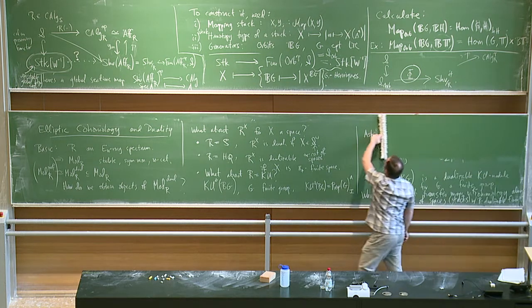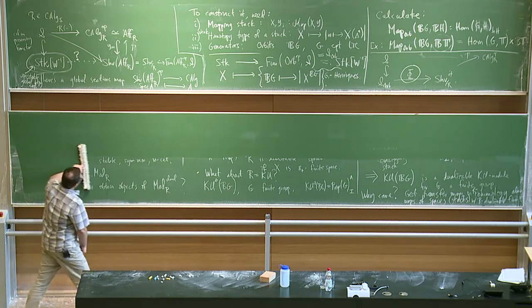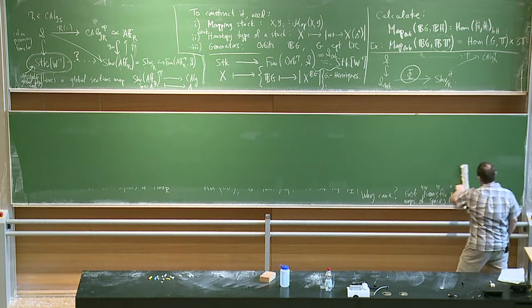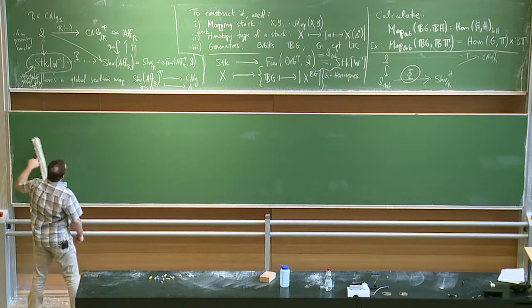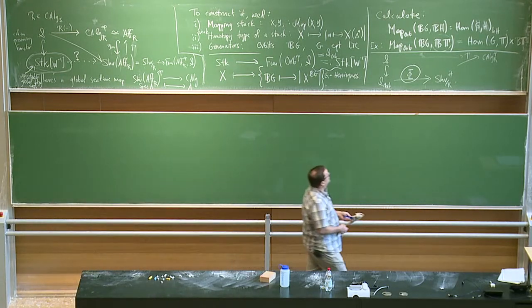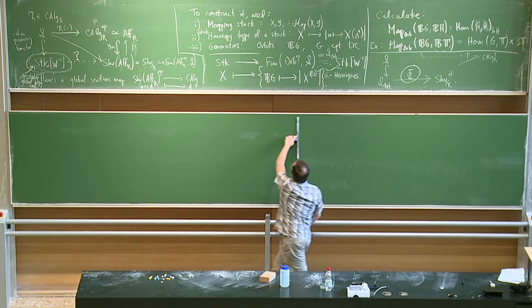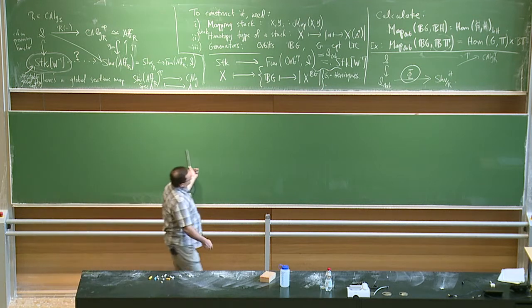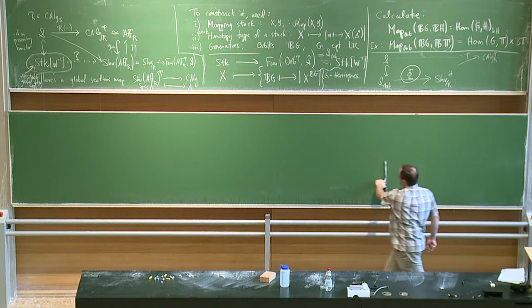So what's going to give me calculational control over such a thing? Well, what I'm going to want is I'm going to want my functor to at least preserve colimits, so I can do cellular arguments.